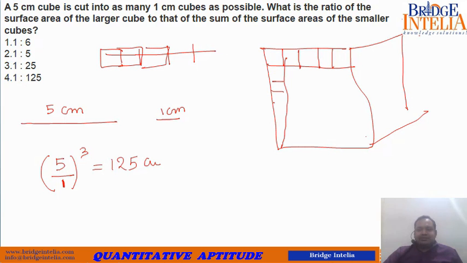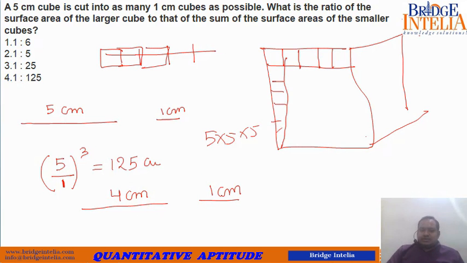So total will be 5 into 5 into 5, 125 smaller cubes. Let's take another example. If a large cube having sides 4 centimeter is broken into smaller cubes having side 1 centimeter, how many cubes will be formed? Since we are breaking into smaller cubes, more cubes will be formed. So 4 by 1 whole cube. You can remember this shortcut.